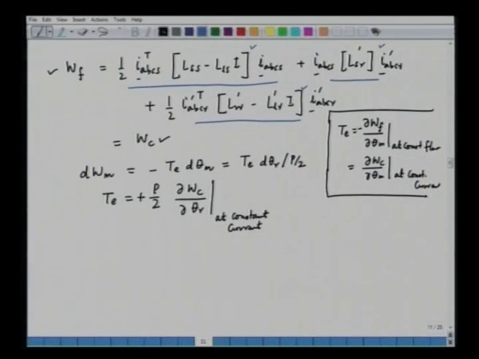Finally, the torque can be obtained by differentiating this part with respect to theta r, and the part is i_abcs L_sr i_abcr, and since L_sr is a function of theta r, when you differentiate this with respect to theta r, you get the torque, that is Te.